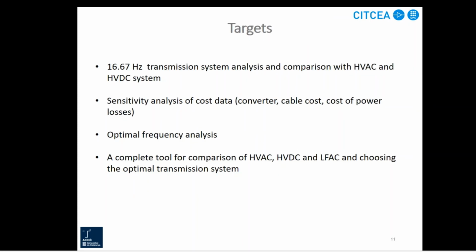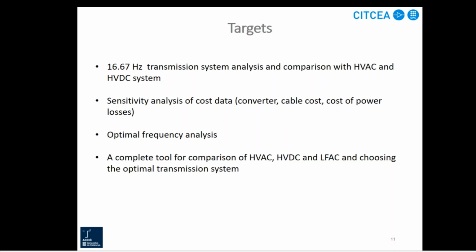The results for this part of the project are not yet done, so I will explain to you the targets of this analysis. First, I will talk about which frequency we are using to represent the low frequency AC transmission system. It is usually taken as 16.67, which is 1/3 of 50 Hertz.